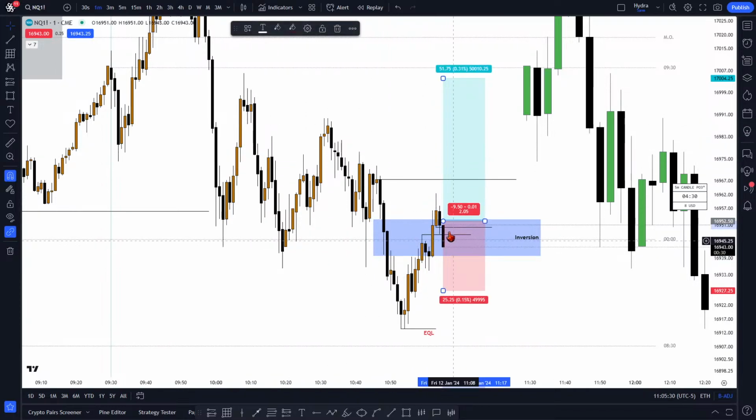Makes sense? See, we got a body down here. So last line of defense, staying as the order blocks.